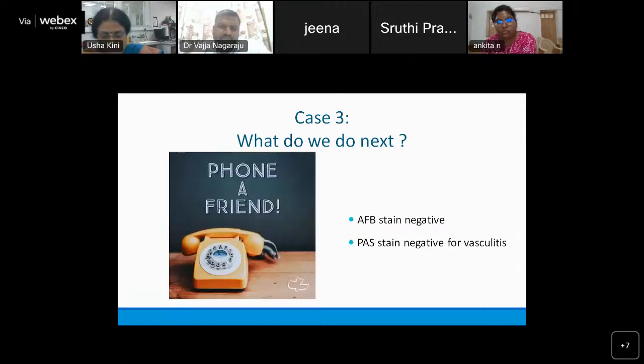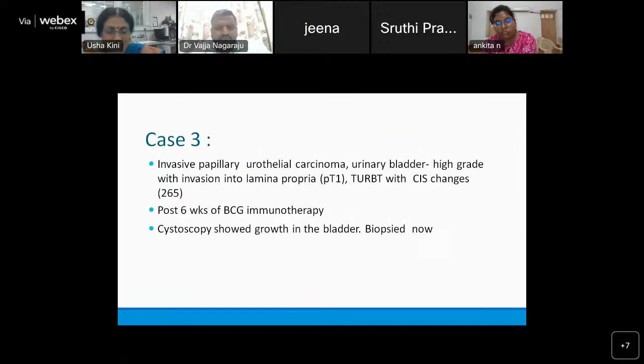But I always think, phone a friend. That's when I called the surgeon and said, why have you sent this biopsy? I don't find anything other than the granulomata. What are you looking for in this biopsy? Can you tell me more about the patient? So much so, he came up to say that, yes, this patient was diagnosed as invasive papillary urothelial carcinoma of the bladder, and that had a lot of carcinoma in situ changes as well.